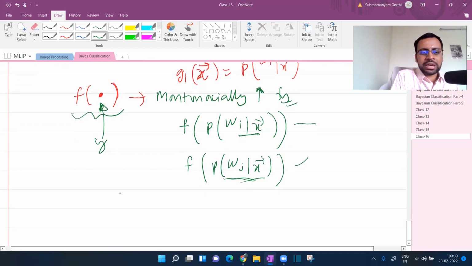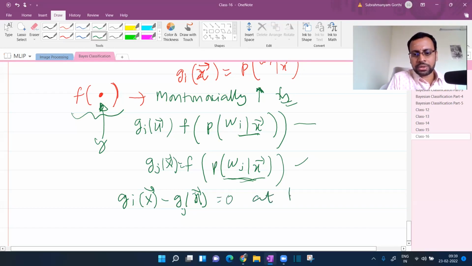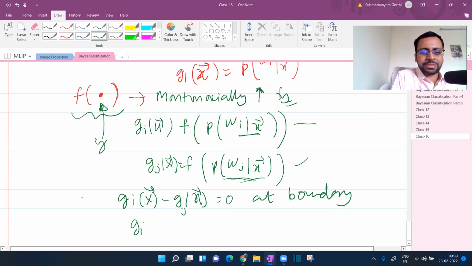if you define something called gi of x minus gj of x, what are gi and gj? Let me call this gi of x bar, and this gj of x bar. This is 0 at the boundary. I don't want to write everything like this, so let me simply call this function Gij of x bar.